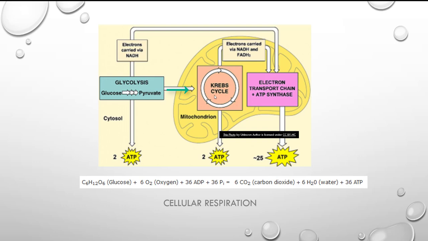And there they're going to undergo the citric acid cycle as well as the electron transport chain. Okay, and we will see how they're going to extract even more energy from these processes. And at the end, we're going to end up with 36 ATP extracted from that single molecule of glucose.